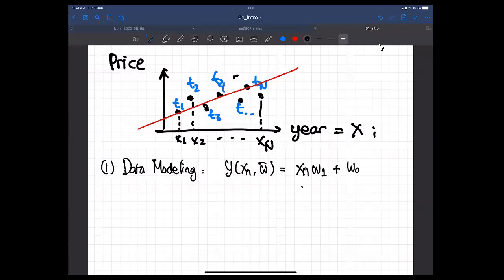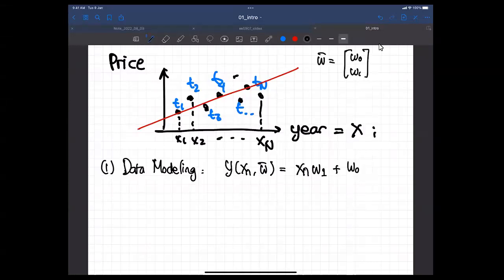This is the same as ax plus b equals y. It's a straight line equation. I just changed a and b into w1 and w0. So when I say w bar, it's actually w0 and w1. This is a bit more complex because we have two variables to learn.